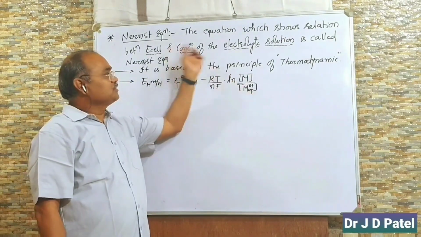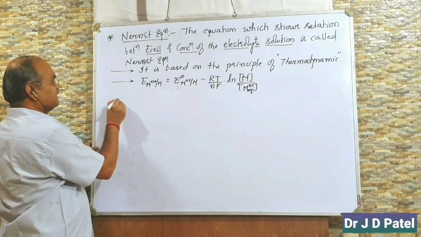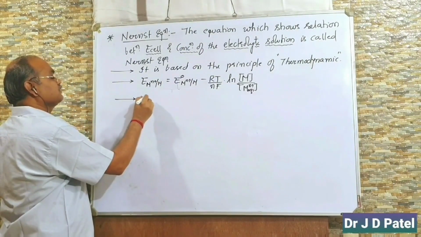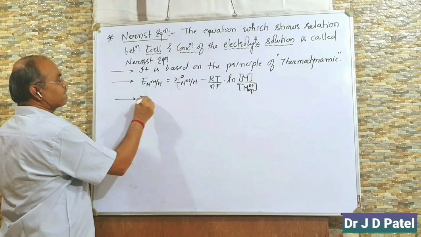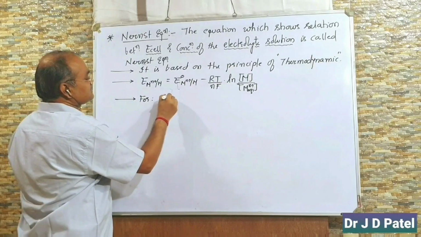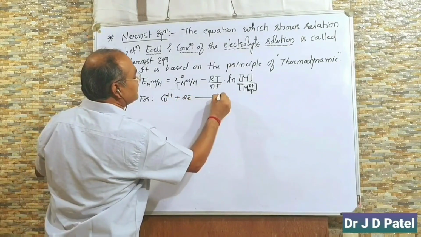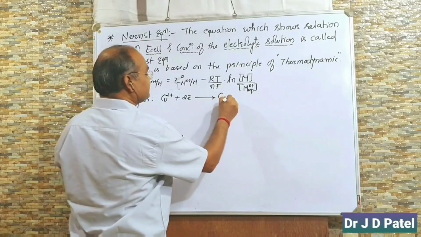Now, you can take it like this. Cu2 plus takes 2 electrons and gets deposited as Cu solid. For this, how to write the Nernst equation?